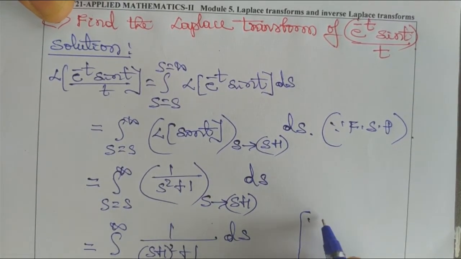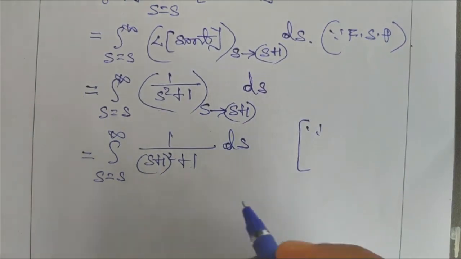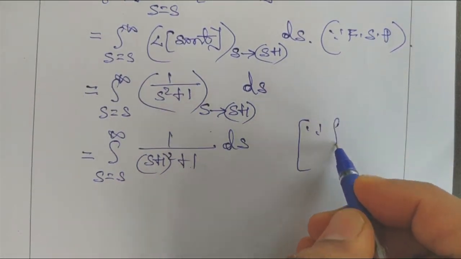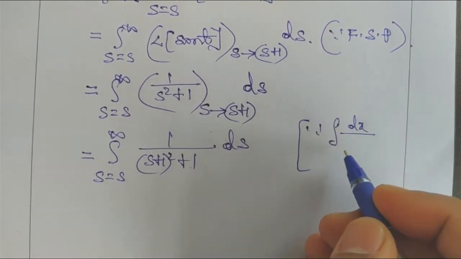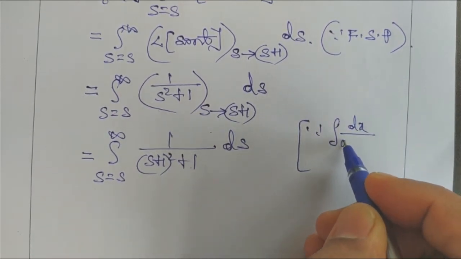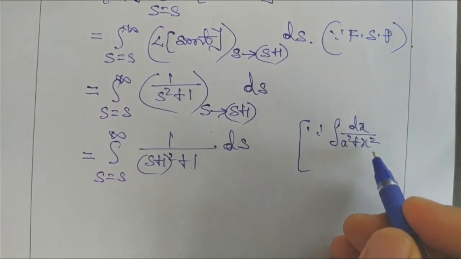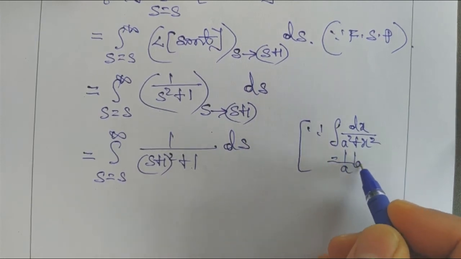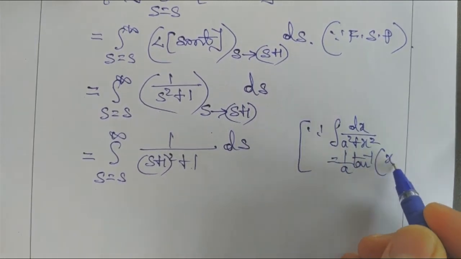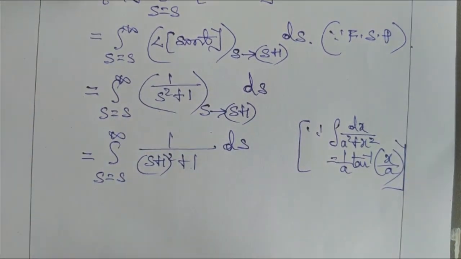In PUC, you studied this formula: integration of dx divided by a square plus x square is 1 by a into tan inverse of x by a. Remember this.